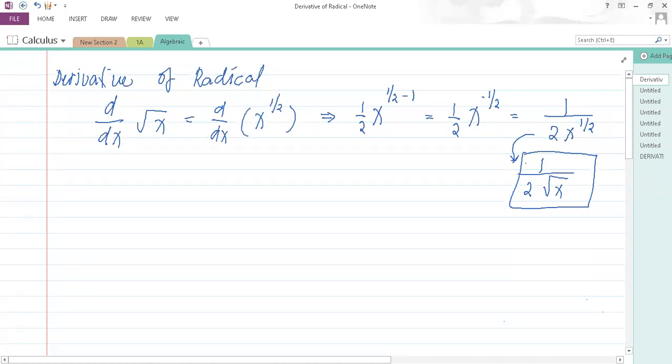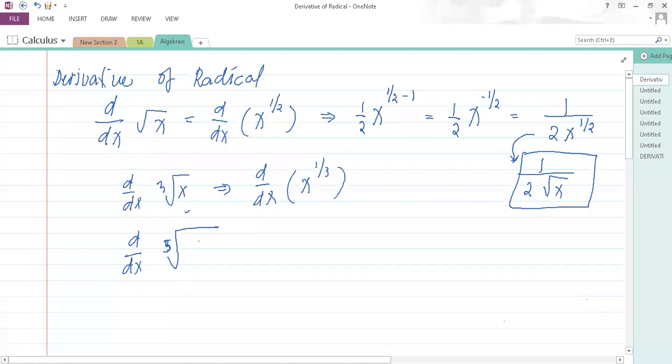So we have to convert first, if we have a radical, into a fractional or rational exponent. What if we have, say, d/dx of a cube root? How do we convert this? For a cube root, that is d/dx of x raised to 1/3. Then the same procedure to solve the derivative. And what if we have a radical expression like this, say the fifth root of x raised to 3?